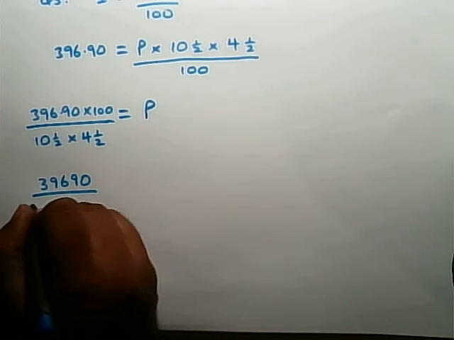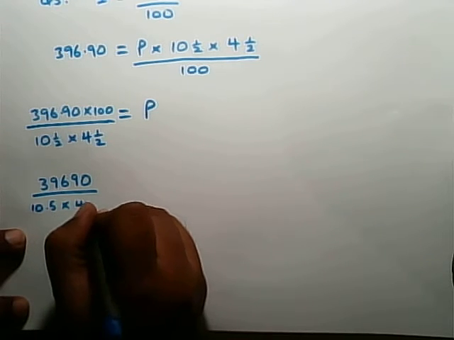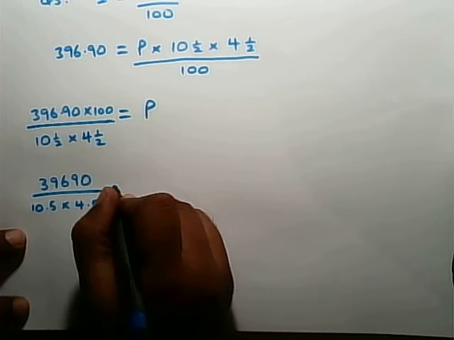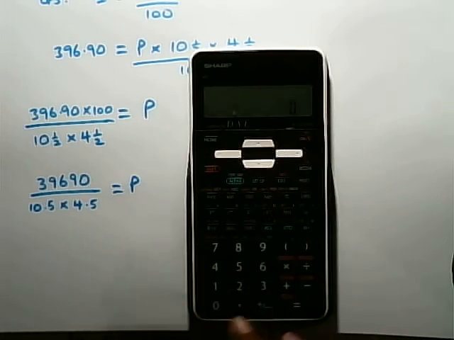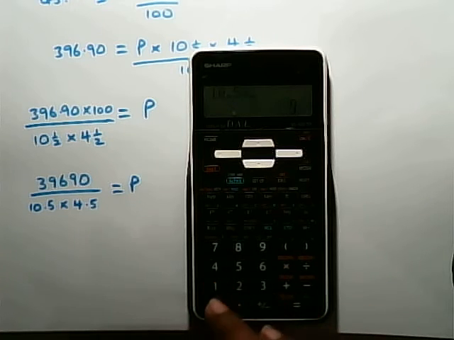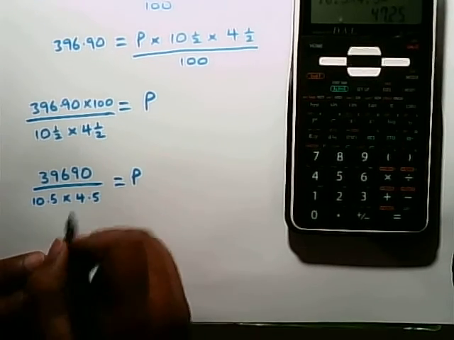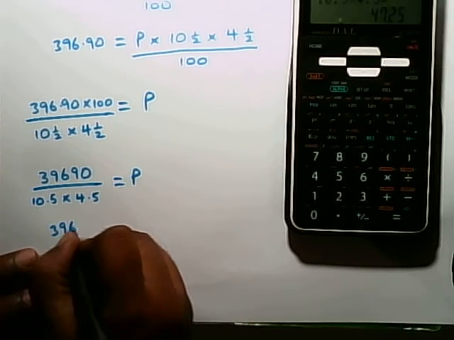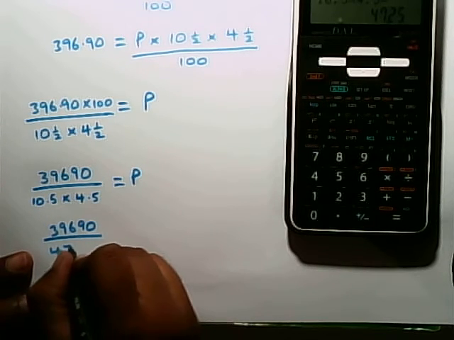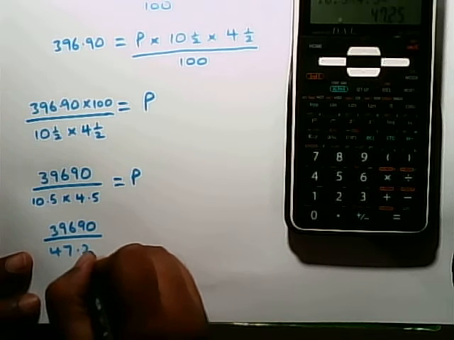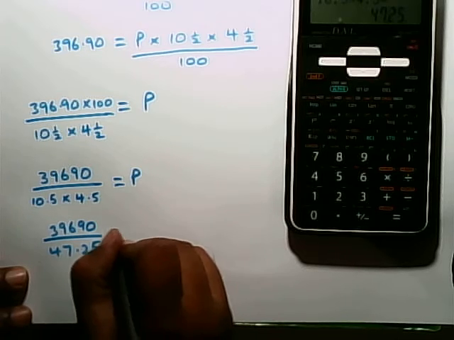And underneath you could have 10.5 multiplied by 4.5 is equal to P if you want to use the decimals. So what is 10.5 times 4.5? 47.25. So you end up with 39690 on top, and you have 47.25 underneath.